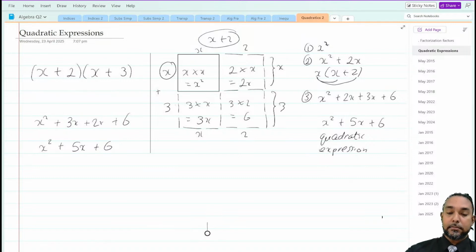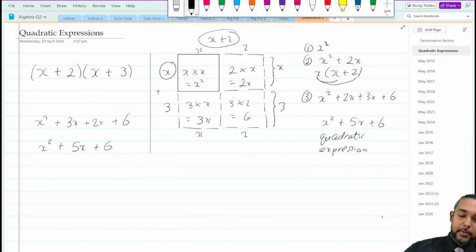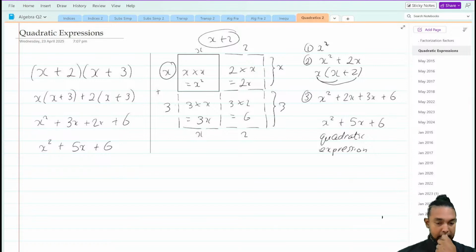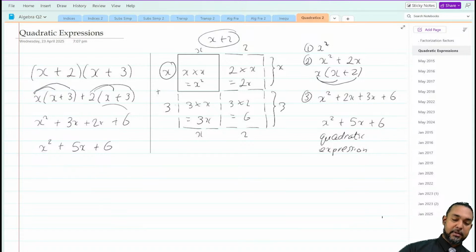Correct, yeah. So one thing that some people do is they take the first term in the first bracket and multiply by the entire second bracket, and then repeat with the second term, 2 by x plus 3. And then x by x is x squared, x by 3 is 3x. 2 by x is 2x, 2 by 3 is 6.